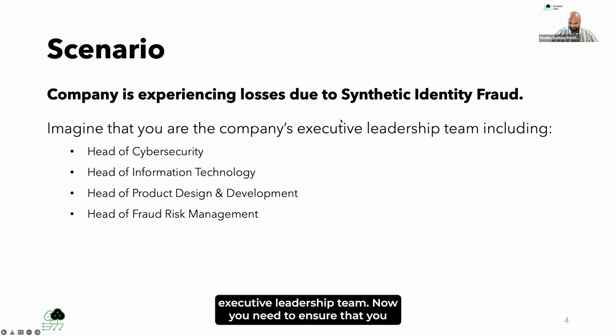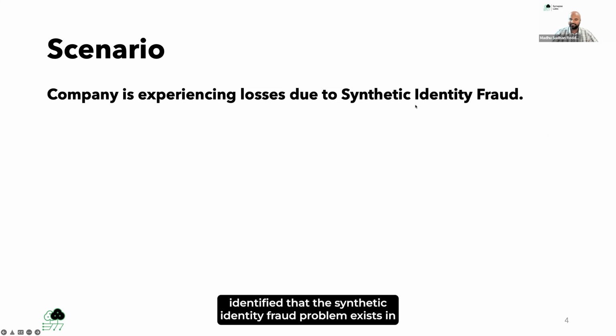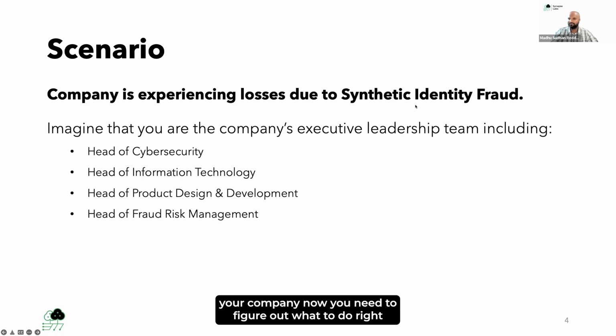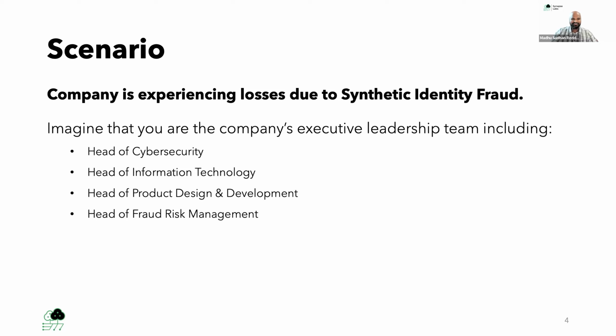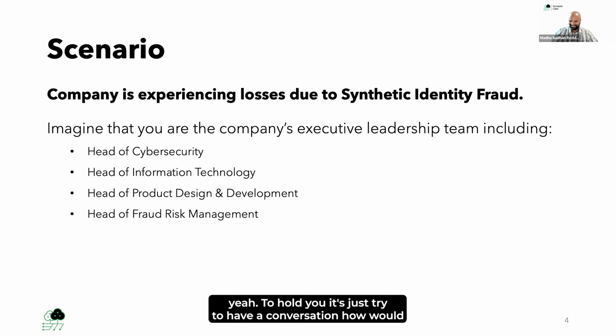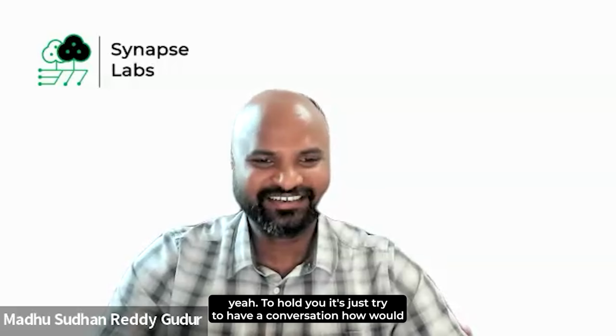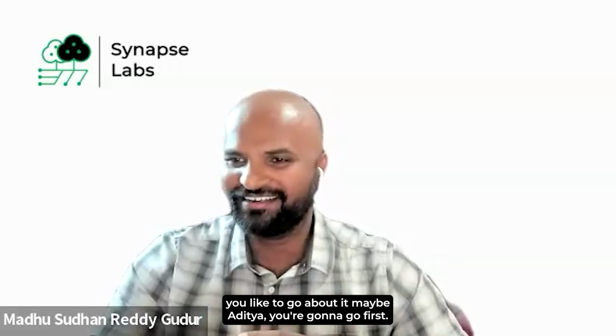Now, you need to ensure that you identify that there is a synthetic identity fraud problem existing in your company. Now you need to figure out what to do. So let's just try to have a conversation. How do you try to go about it?